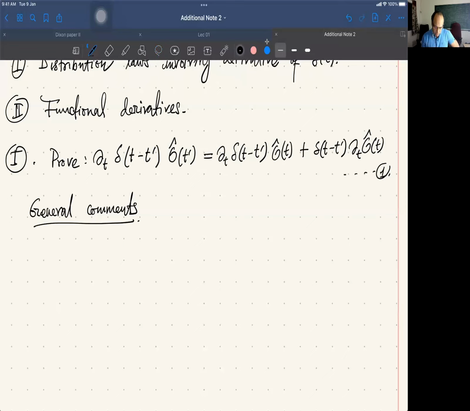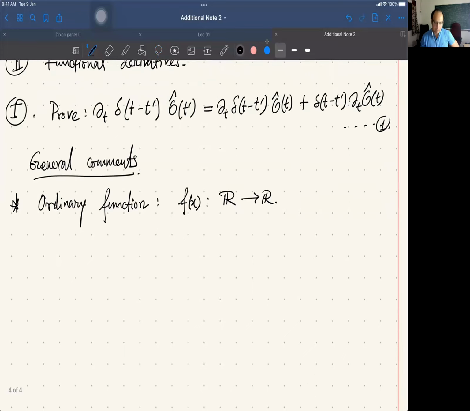So usually we deal with ordinary functions. An ordinary function is a map from one space to another. For example, if you have a real function in one real variable, then f(x) is a map from R to itself. It could be R to C if it's a complex function, or any more complicated space.